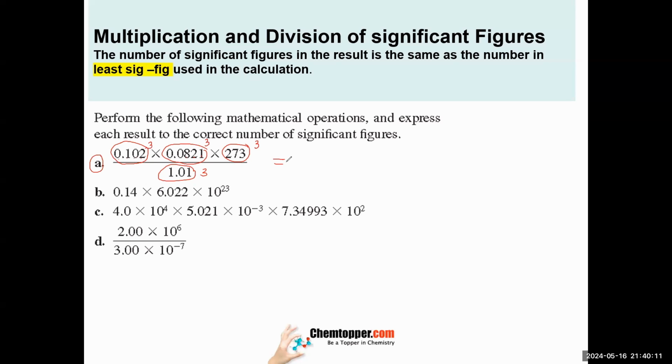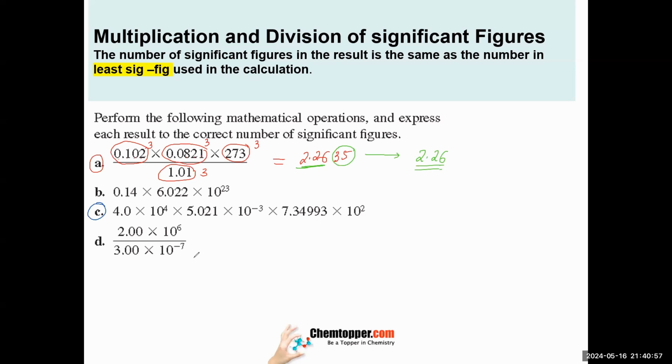The final answer should be in 3 significant figures. So when you multiply all these, I'm sure you will get this answer. Actually, you will get 2.2635, but you have to put your answer only in 3 significant figures. So you have to drop this. Use your rounding off rule. So it becomes 2.26.